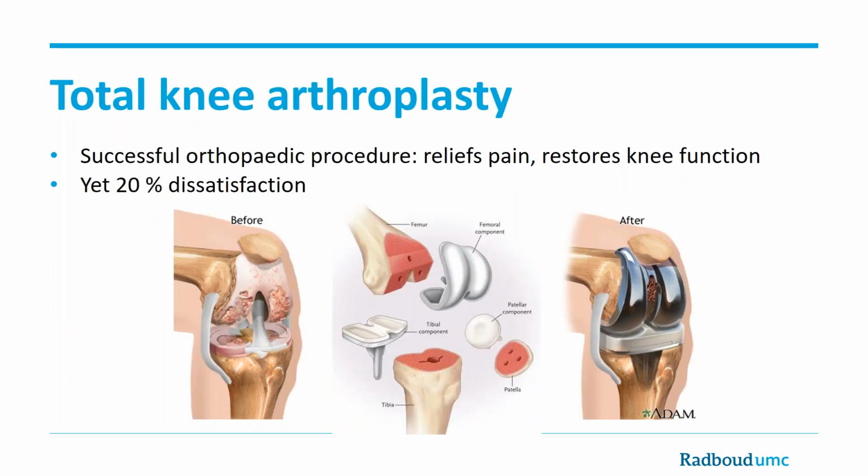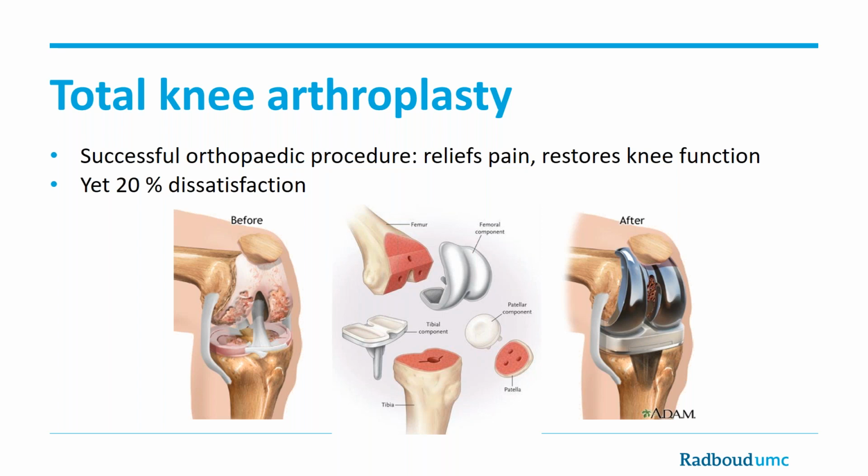So a very brief recap on total knee arthroplasty. This is a very successful procedure. It's meant to relieve pain in patients with osteoarthritis. And the ultimate goal of every TKA operation is to restore the function of the knee. However, despite its success, there is still a large amount of patients who are not entirely satisfied with this prosthesis.